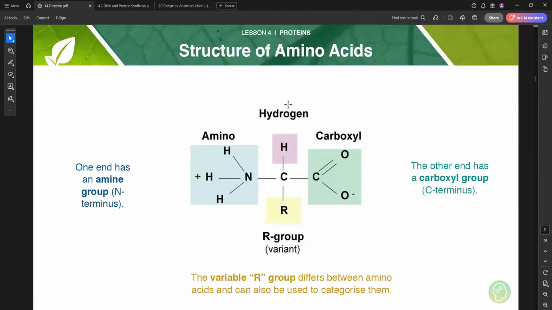What is special about this formation or form of the amino acid? Remember, there's a particular name for it. It's called a zwitterion.